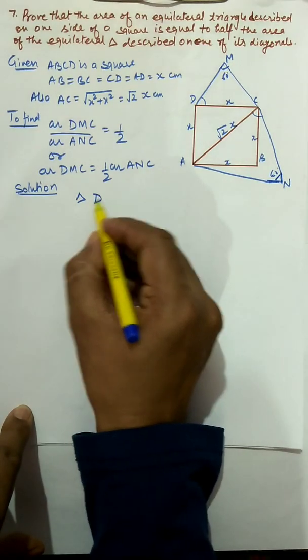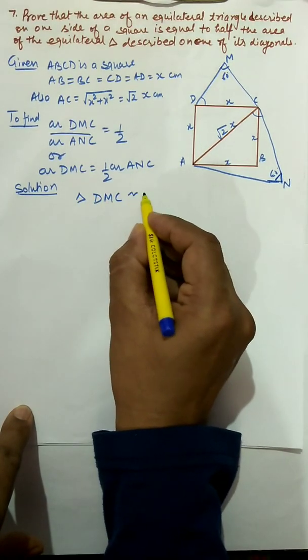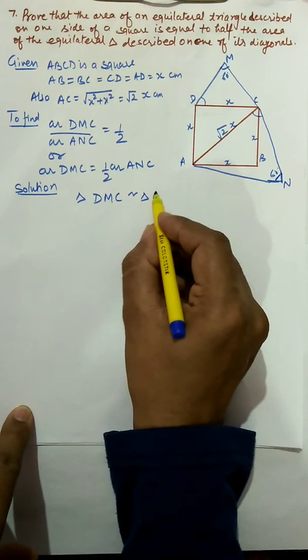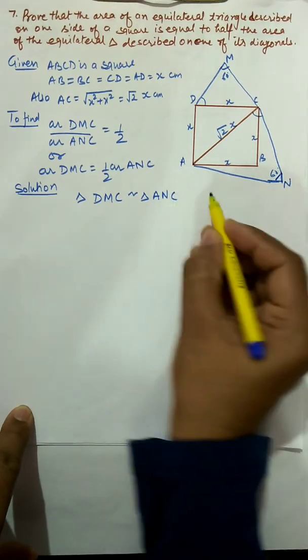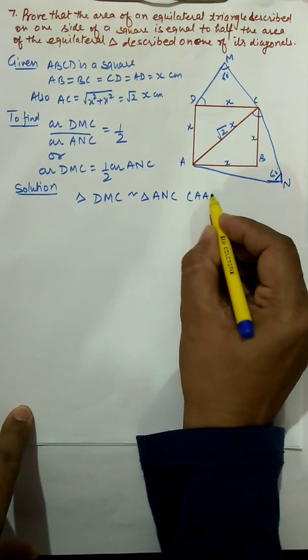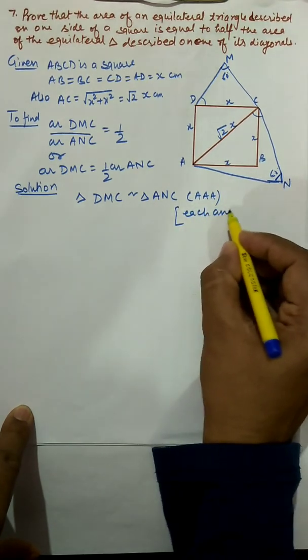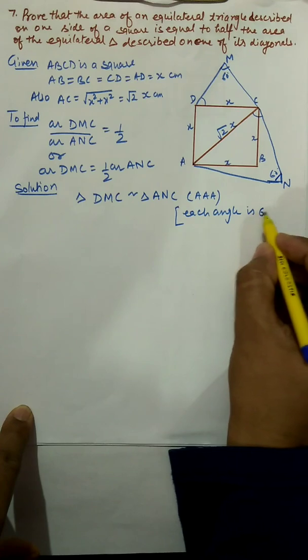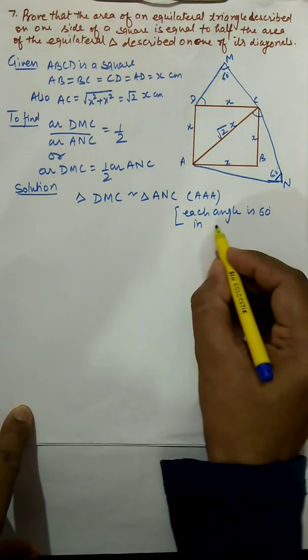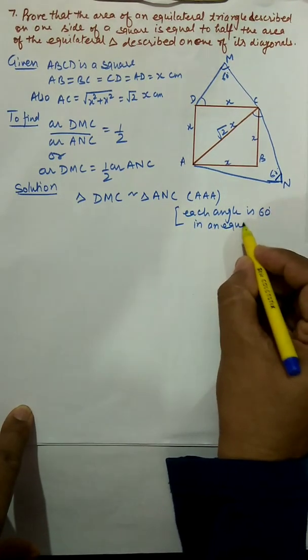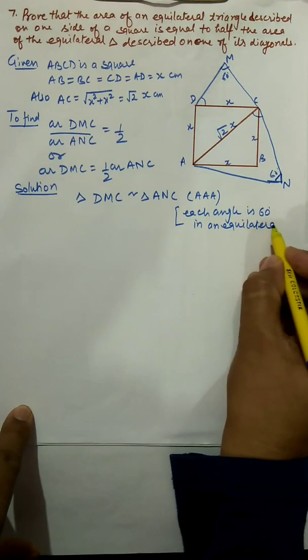So we can write triangle DMC is similar to triangle ANC by AAA, or you can write each angle is 60 degrees in an equilateral triangle. So we can directly write this statement.